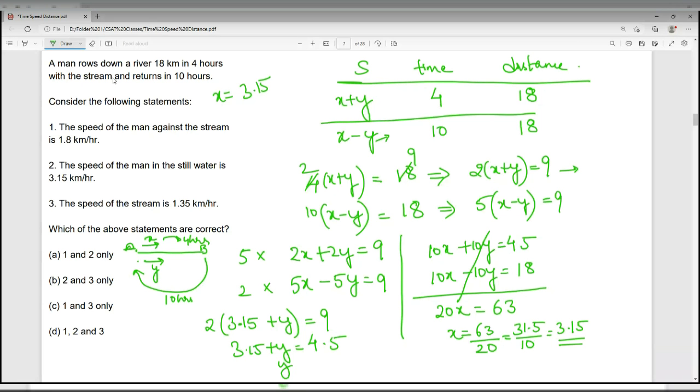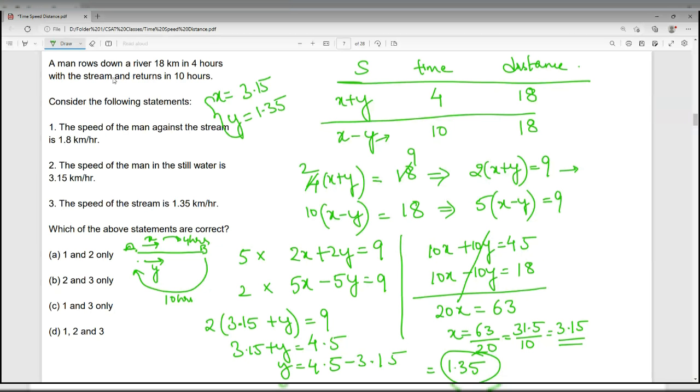Then y is equal to 4.5 minus 3.15, which comes down to 1.35. So we have x equal to 3.15 and y equal to 1.35.